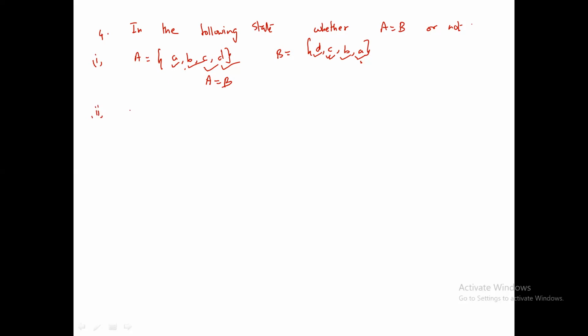Okay, second, A is the set having 4, 8, 12, 16. B is the set having 8, 4, 16 and 80. So here A and B are not equal because A is having 4, B is having 4, A is having 8, B is having 8, A is having 16, B is having 16.